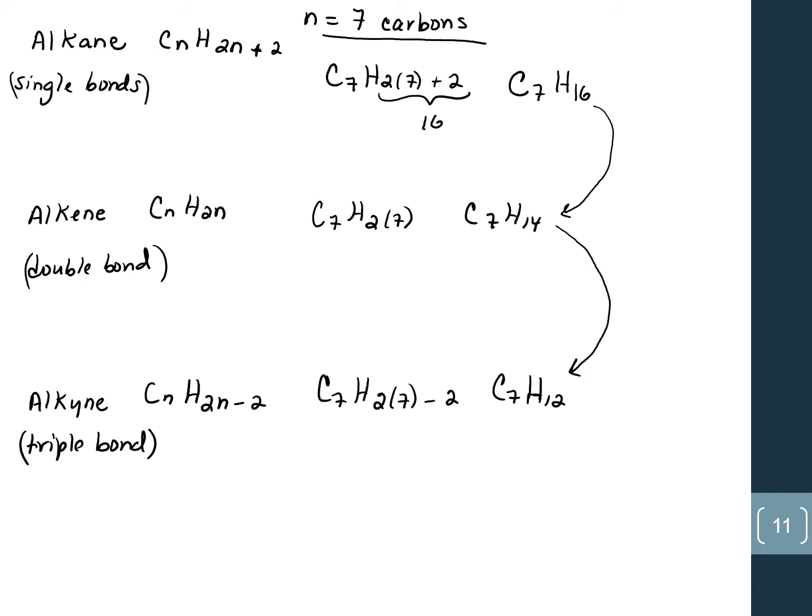As the number of bonds between carbons starts increasing, the number of hydrogens is decreasing. So the first one is saturated, only single bonds, and then your alkenes and alkynes, they are unsaturated.